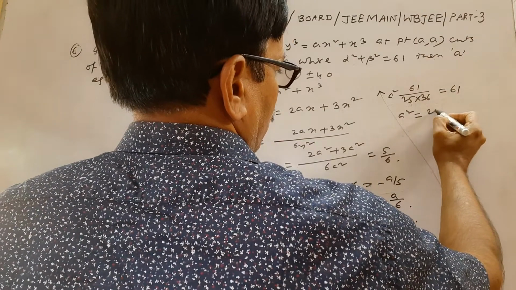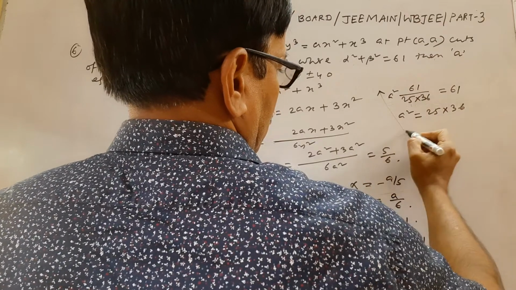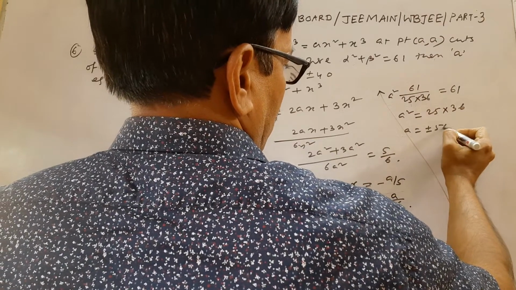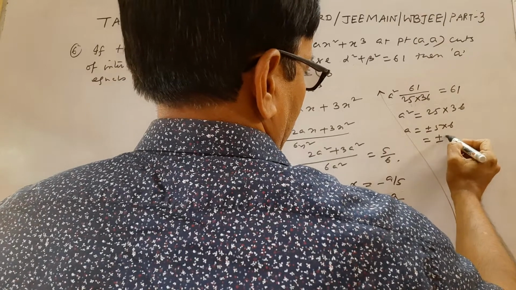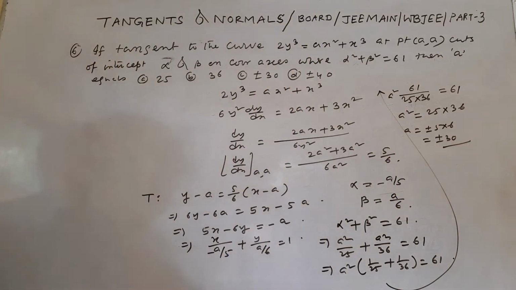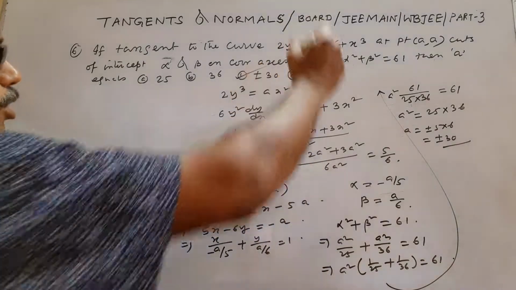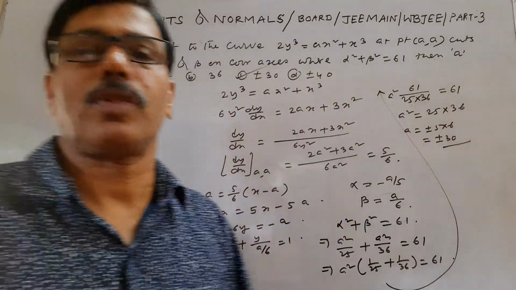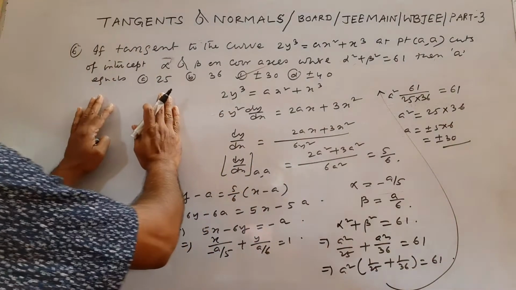So a square equals 25 into 36, and a equals plus or minus 5 into 6, that is plus or minus 30. So look at the options: option C. So this is a very simple problem.